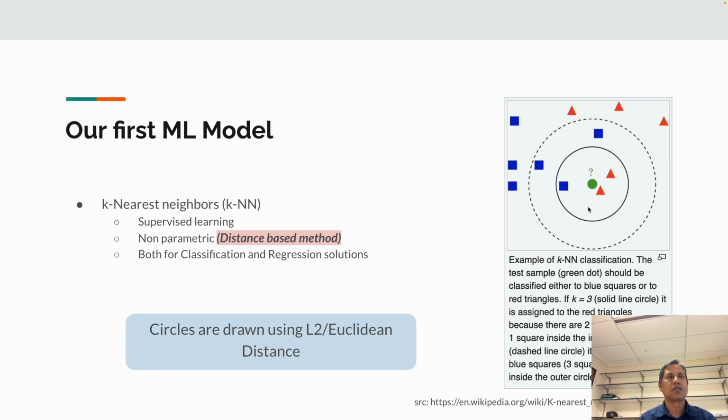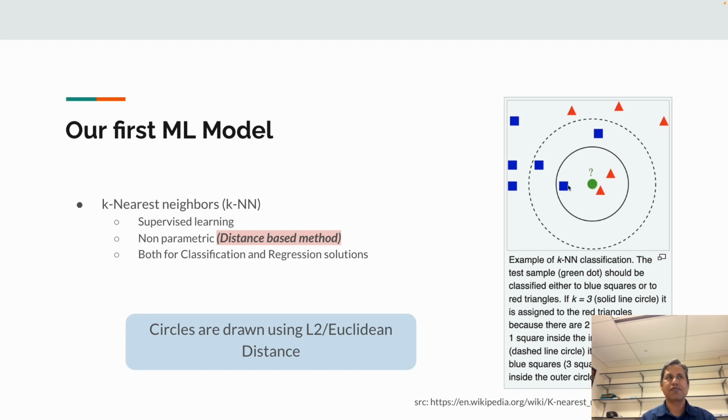If the k value is 3, then you have to first identify the closest 3 points. So in this case, 2 triangles and 1 square. For k equal to 3, the majority are triangles, so our decision will be this is a triangle.